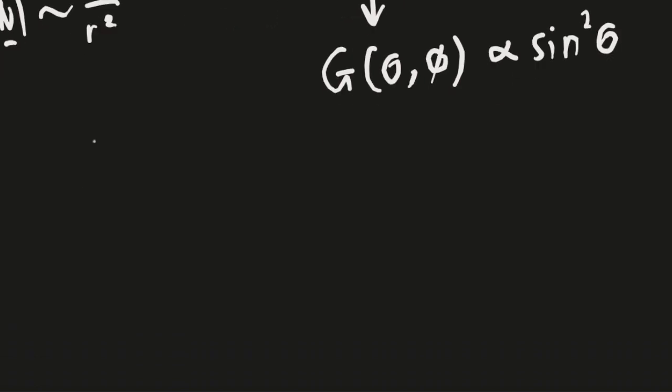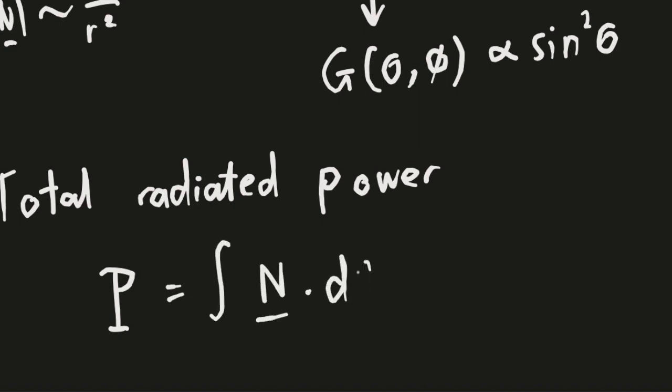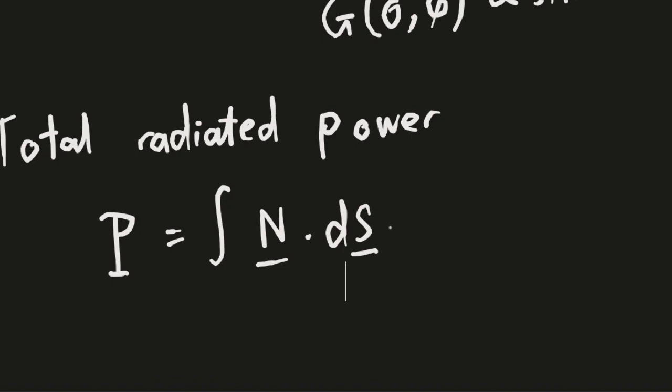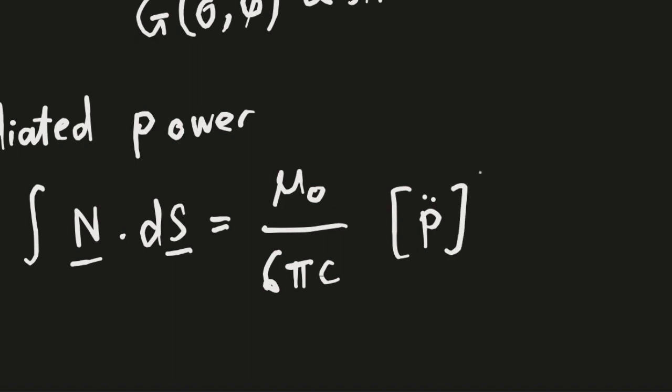So if we want to find the total radiated power, well, roughly, this would be the surface integral of the Poynting vector, and we roughly know that the surface is going to scale as something like r squared. So you wouldn't see any r dependence in the total radiated power, which is what we expect by conservation of energy. And if you do the math again, you would get something of the form p double dot squared.